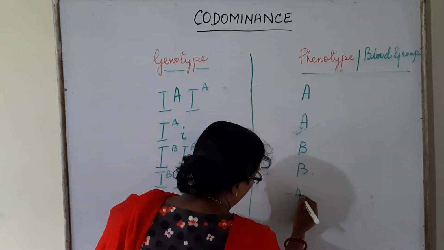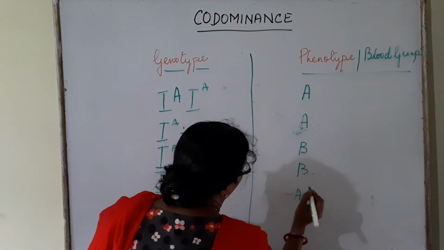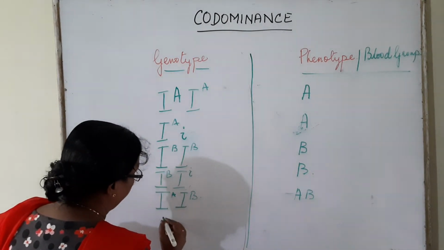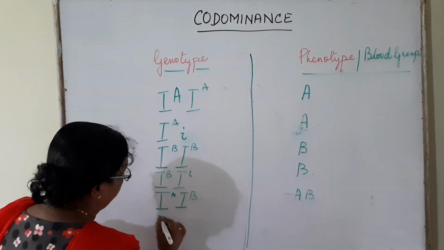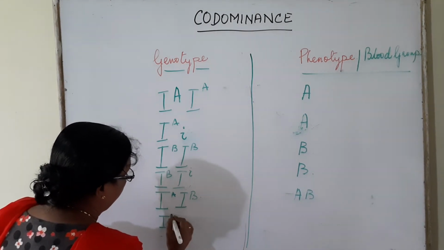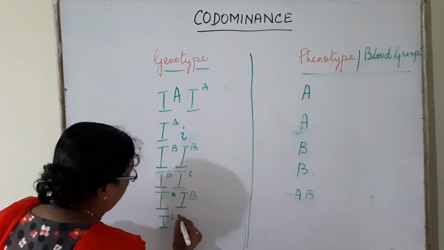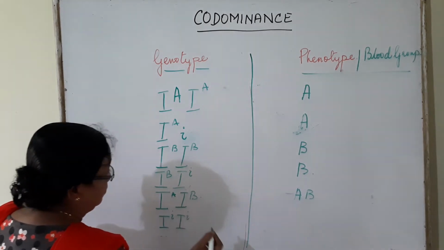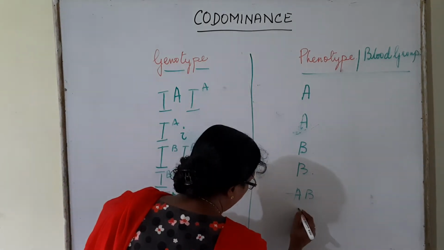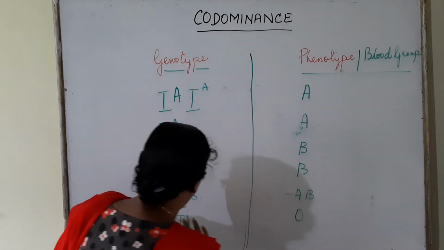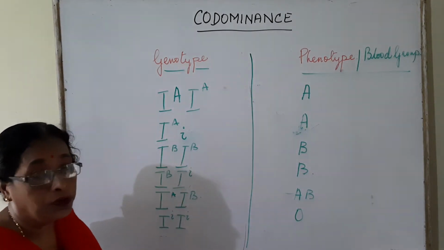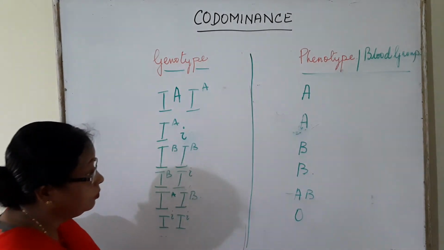This will be AB. This is the genotype without any glycoprotein, so it will be blood group O.